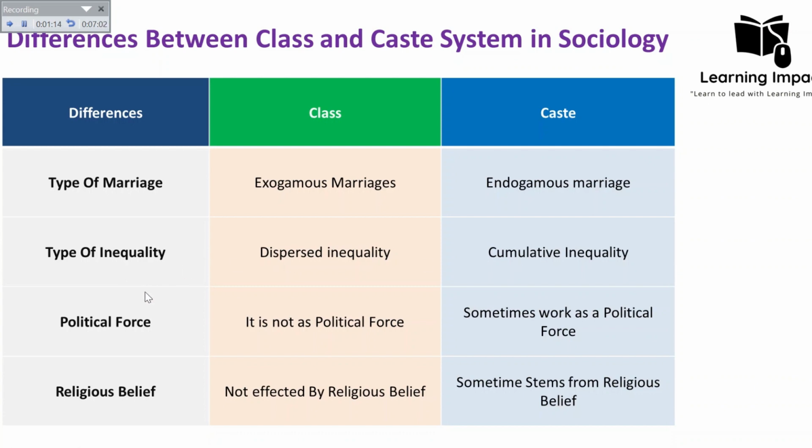Then the political force. In case of the class, it does not act as a political force, but in case of the caste, it sometimes acts as a political force. For example, if we take the case of India, the caste has more importance in Indian society.